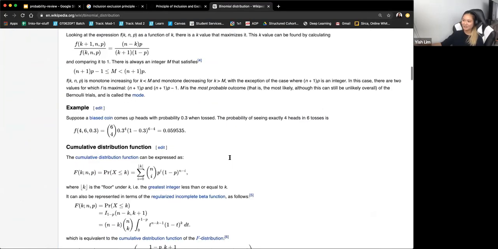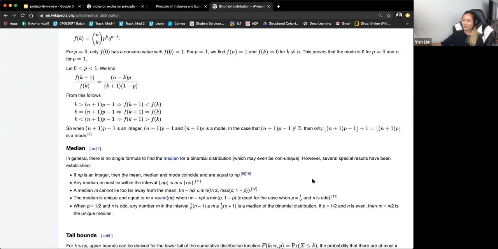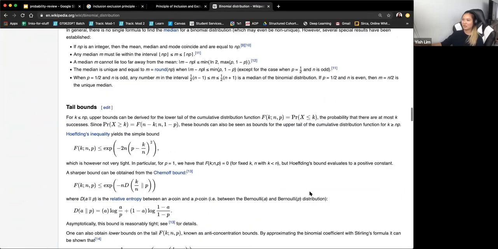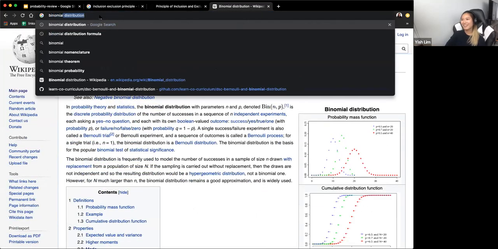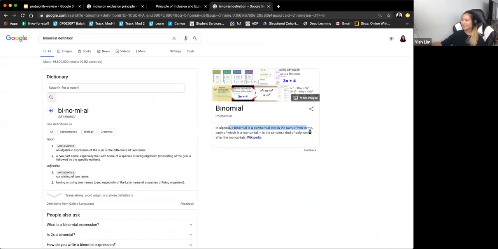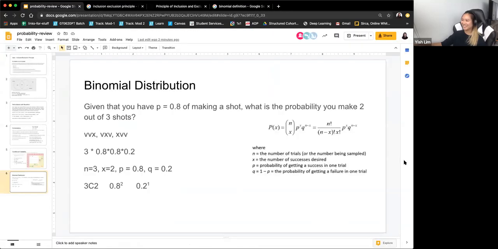But I actually never really looked into why it's called the binomial distribution. Let's see, does binomial have its own definition? Oh, binomial is a polynomial that's the sum of 2 terms. Interesting. All right, I don't know. I'm not too sure why it's called that, but I should know. But yeah, I just think it's a very elegant one.